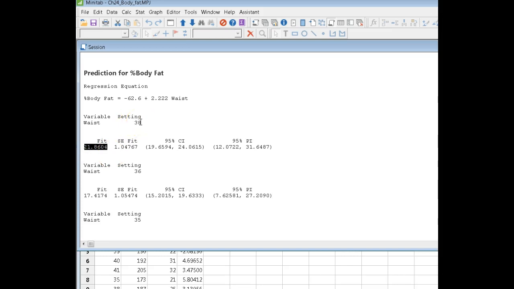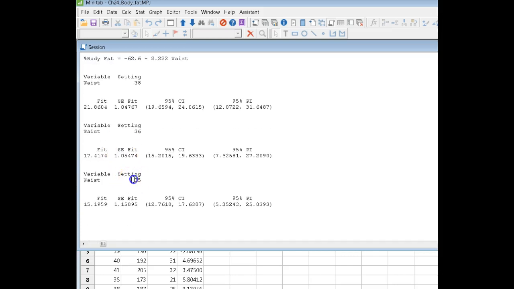So my regression says if your waist measurement is 38 inches, we predict your body fat is 21.8%. If your waist measurement is 36, we predict that your body fat is 17.4. If your waist measurement is 35, we predict it's 15.19.